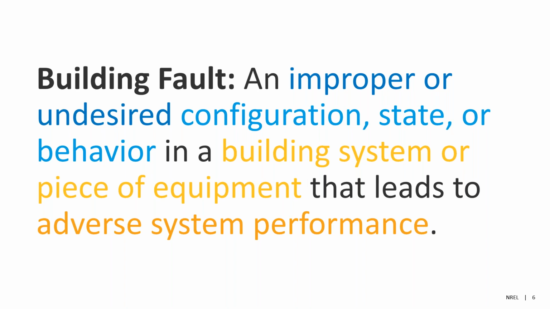It could be that the temperature is off, that people are uncomfortable, or the humidity is too high. Or it could be just that it's wasting energy, and therefore your utility bills are too high. But regardless, in some way, the system isn't operating in a way that's optimal. So that's the definition of a building fault.